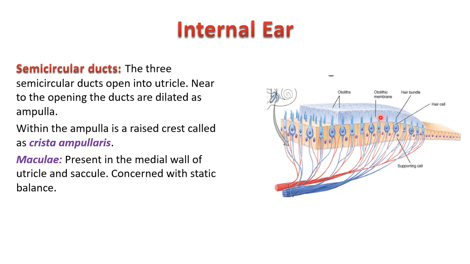The otolith membrane mainly consists of calcium carbonate crystals. The movement of these crystals stimulates the hair cells, through which nerve impulses travel. So this is mainly for your static movement.